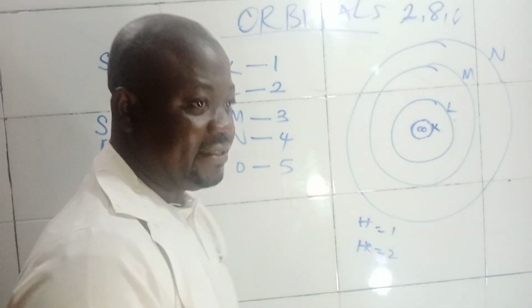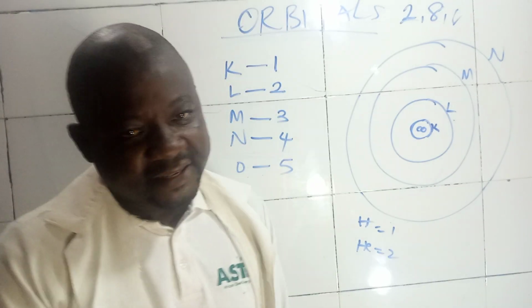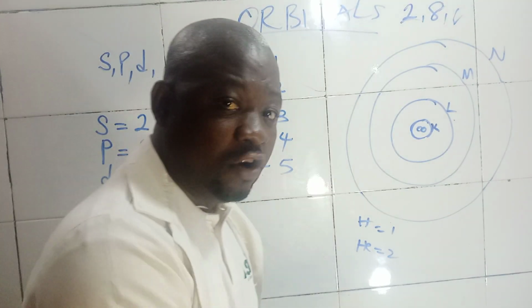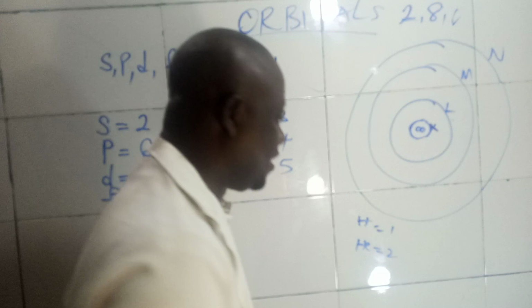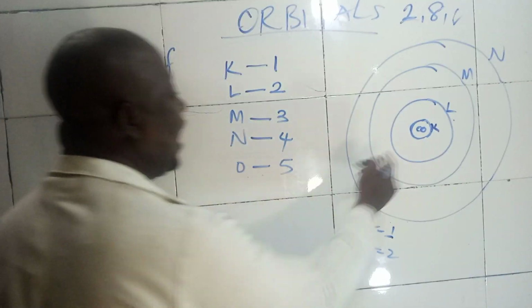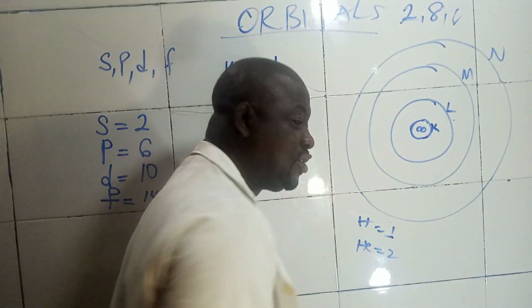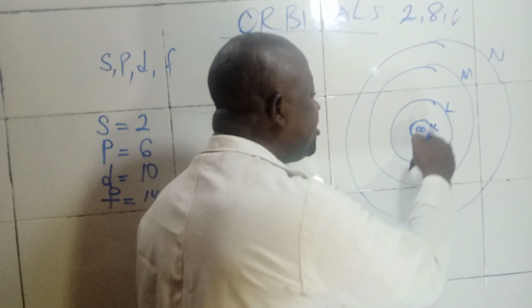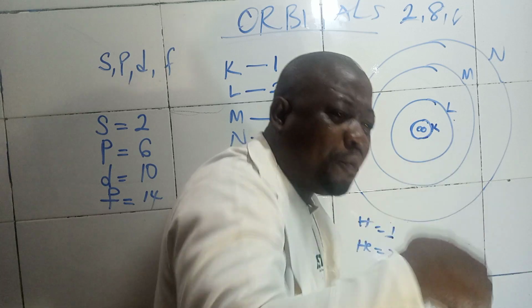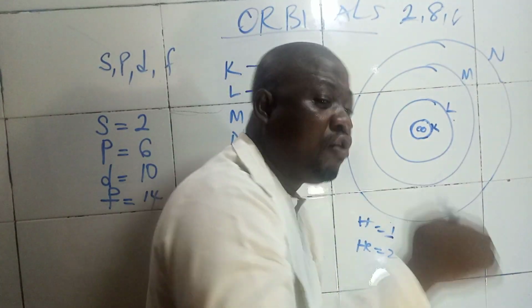You have to show whether it's in the S orbital, the P orbital, the D orbital, or the F orbital. For me to put this hydrogen now, the maximum number of electrons in your K shell is 2, and each shell has its own sub-energy levels that we are calling orbitals.